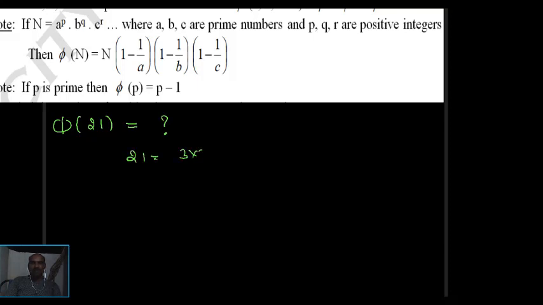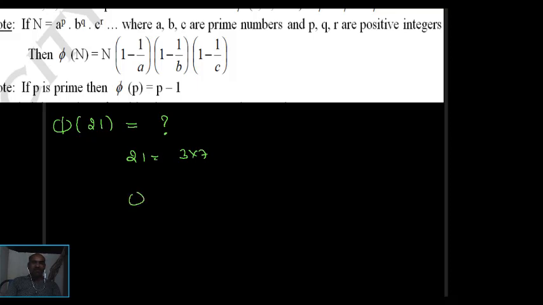I will show you through an example. Phi of 21 I want. Just now I found I got 12. Now 21 can be written as 3 into 7.